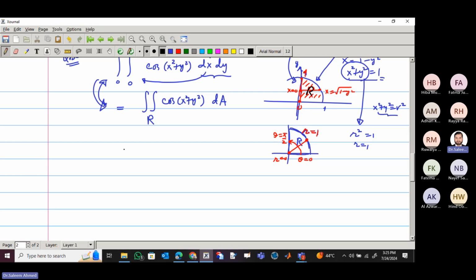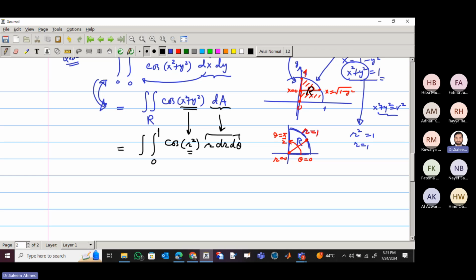So now if I forget about this question, take this as a new question and write everything in polar coordinates. You know that dA becomes r dr d theta in polar coordinates. X square plus y square becomes r square, and r goes from 0 to 1.